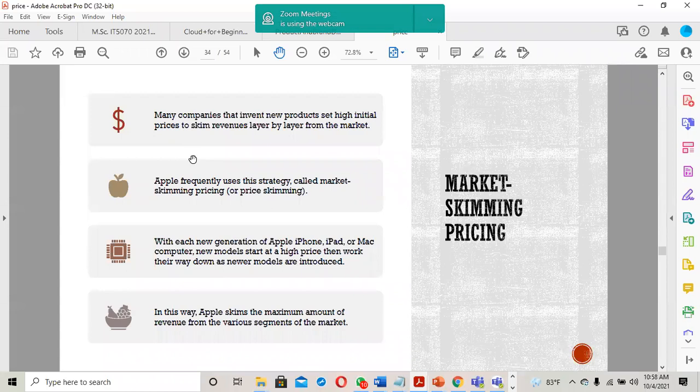So the difference in the characteristics or the facilities available in any two successive versions of iPhone might not be that high. They're almost the same phone, but with a minute set of extra features. That might be the case, but still they are charging you a much higher price at the beginning.